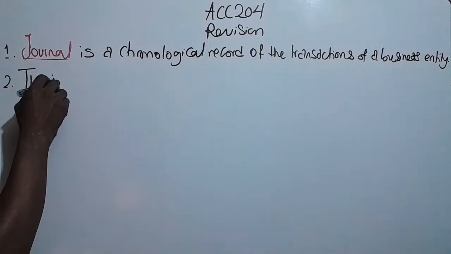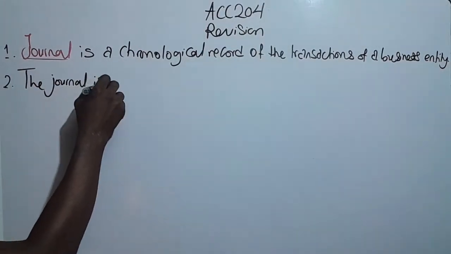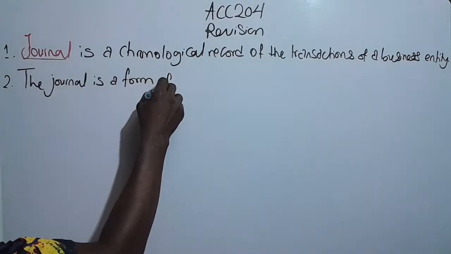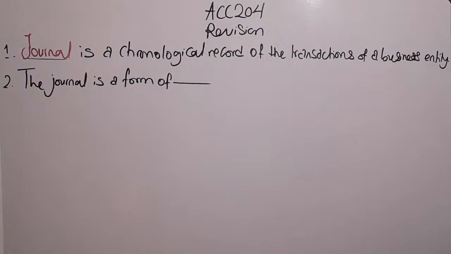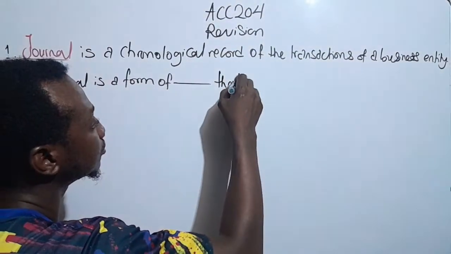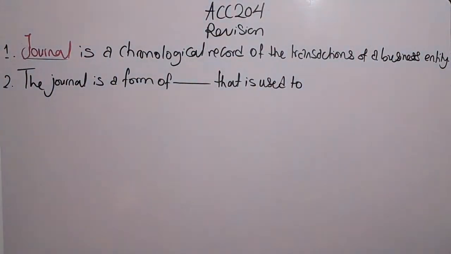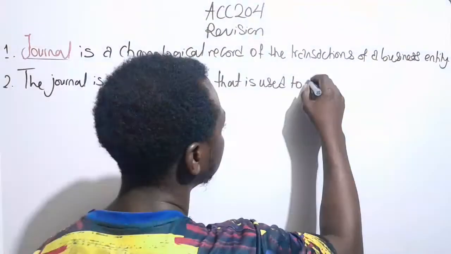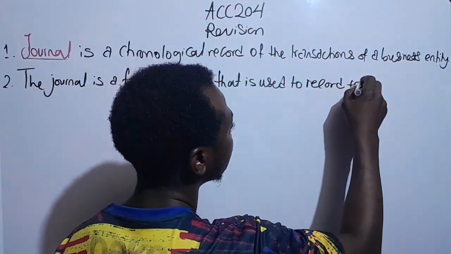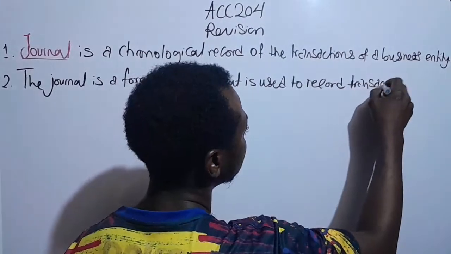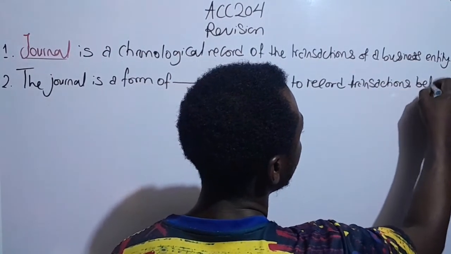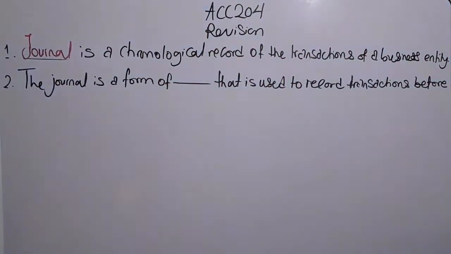The journal is a form of dash that is used to record transactions before they are posted.